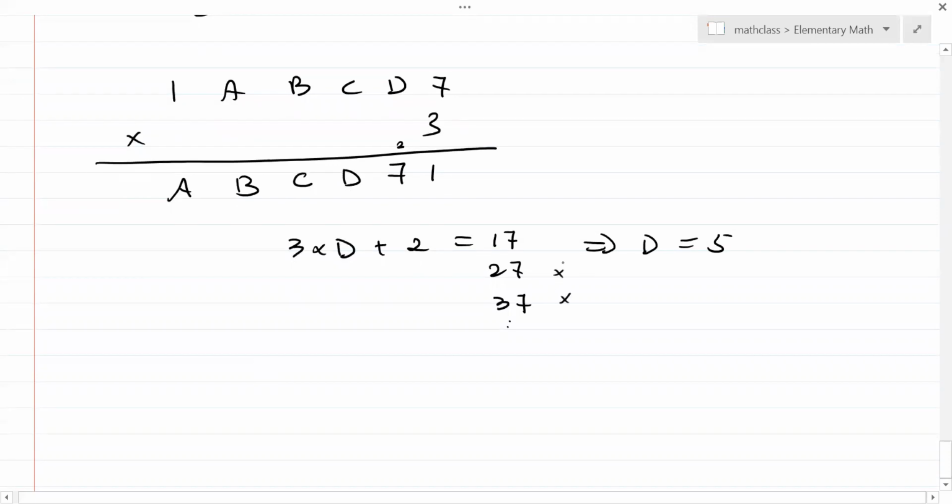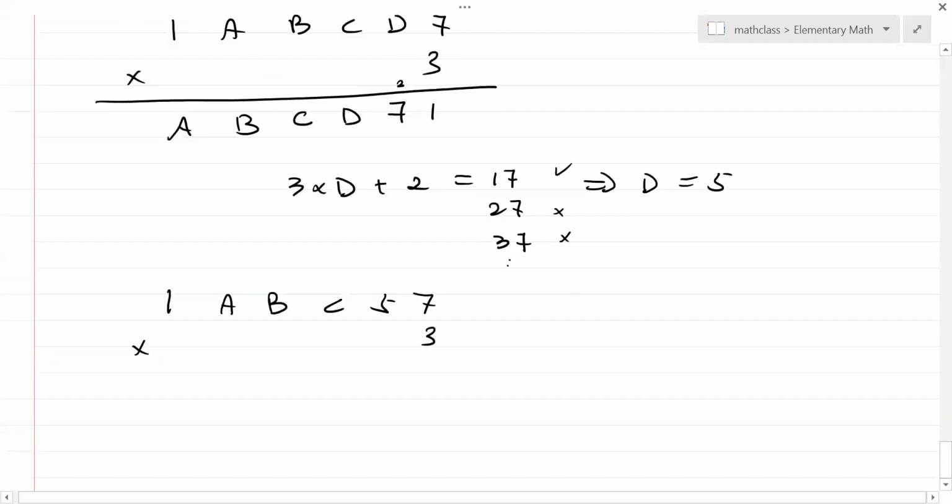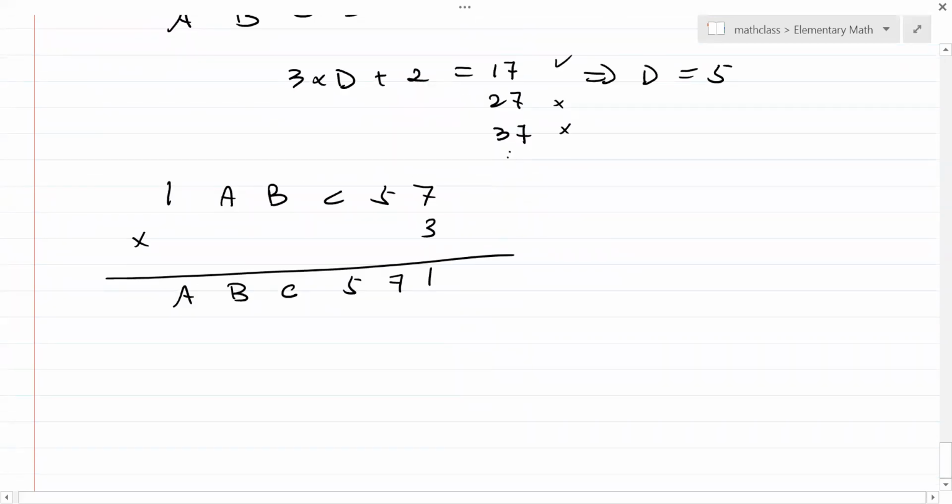So you get 1, A, B, C, 5, 7, multiplied by 3, and you get 1, 7, 5, C, B, A. So just like that, step by step.